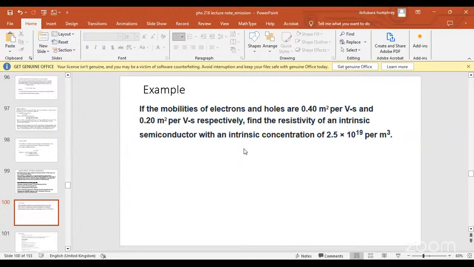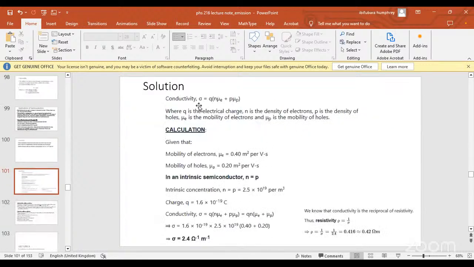So once we are able to get the conductivity, we should be able to find the resistivity by taking the reciprocal of the conductivity. So here we have the formula: conductivity is equal to Q, which is electric charge, times the number of electrons times mobility of electrons plus number of holes times mobility of holes. So this is the formula for conductivity.